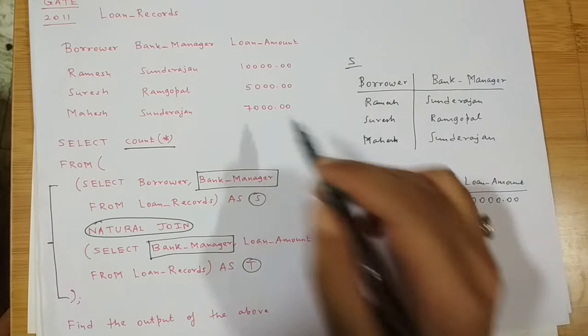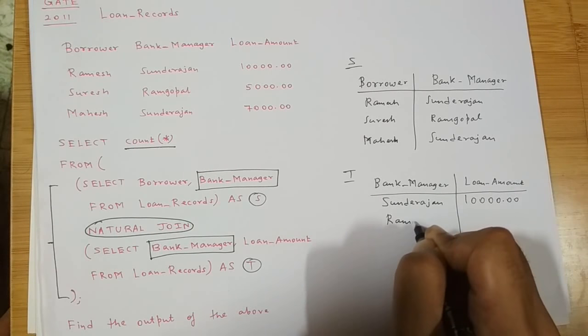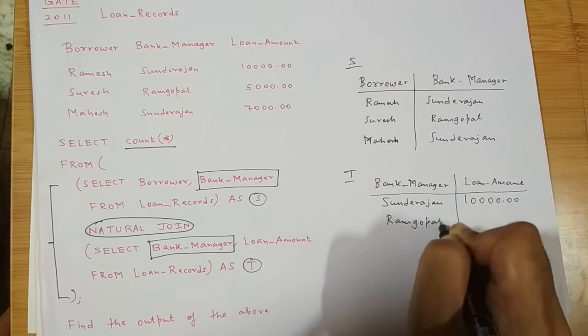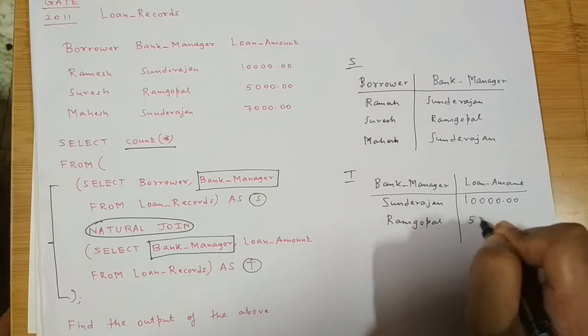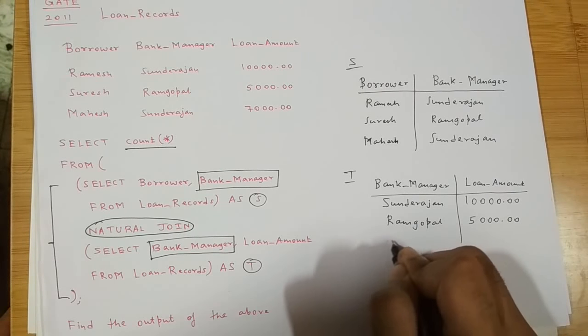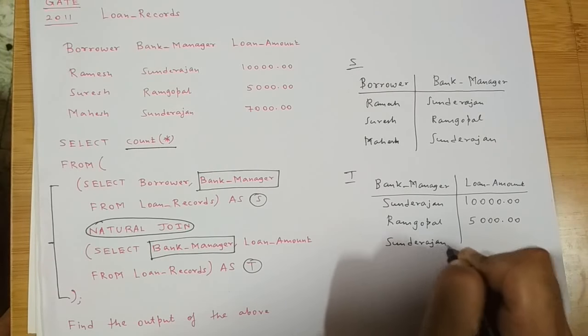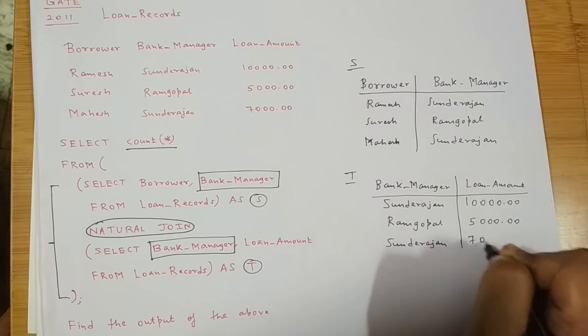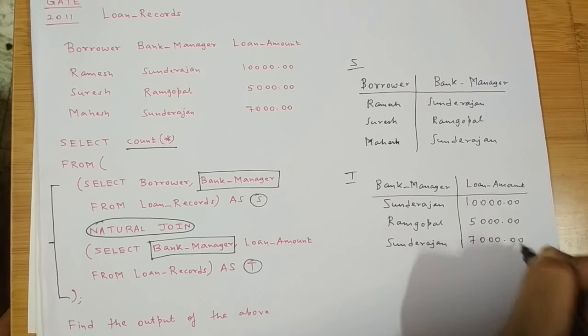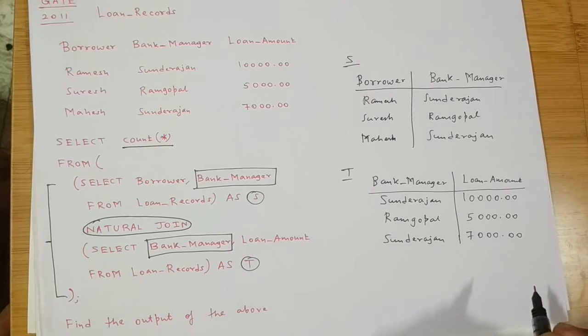We'll write it exactly as it is given to us. The next tuple is Ram Gopal and 5,000, and the final one is Sundarajan and 7,000. So these are my two tables, S and T.